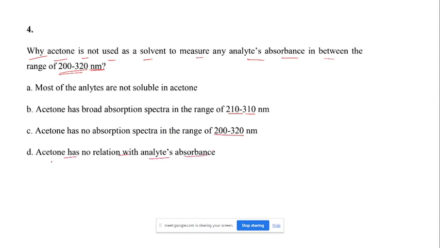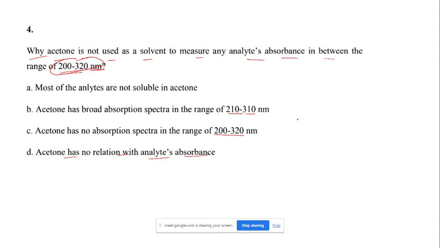No, this is not correct, I think. Acetone has absorption in this region. If acetone absorbs the radiation in this region, then how will you identify the analyte? You will not get a clear peak of the analyte because acetone is interfering with your results.